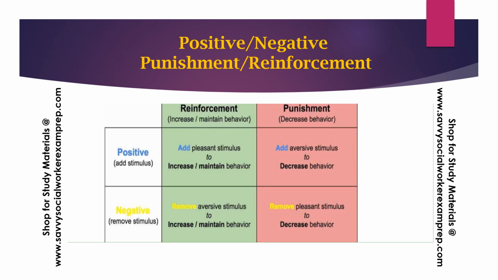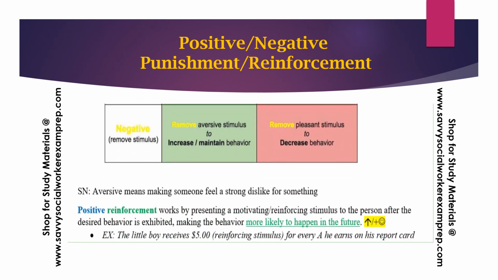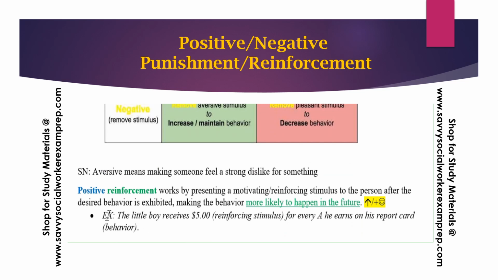Okay. So let's get into positive reinforcement. Remember that blue is for positive and green reinforcement is for go. That simply means that it works by presenting a motivating or reinforcing stimulus to the person after the desired behavior is exhibited, making the behavior more likely to happen in the future. So we want to reinforce it.